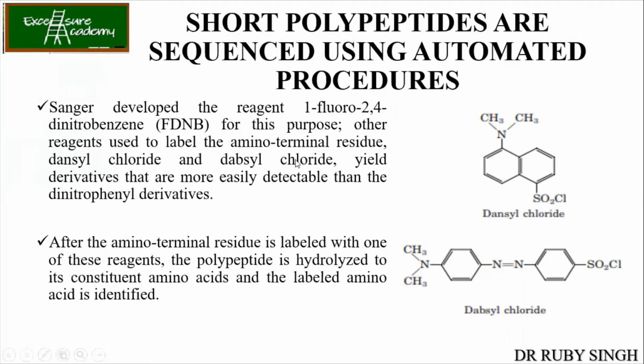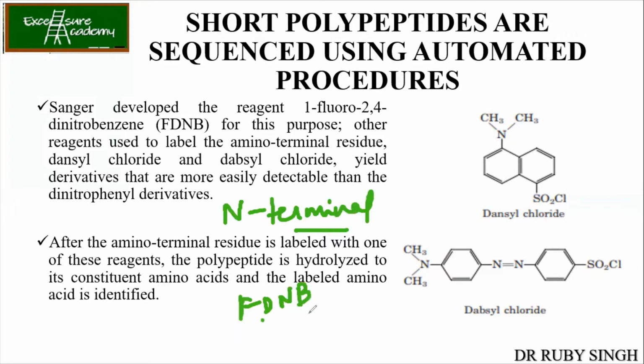In the Sanger protein sequencing method, you can only understand the amino terminal amino acid. So only at the N terminus, the first amino acid can be understood using the FDNB treatment or the Sanger method.